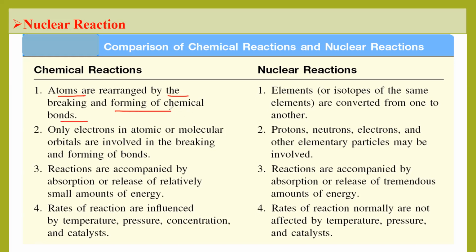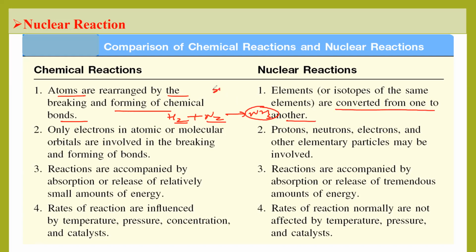We know that in chemical reactions, for example, H2 plus N2 gives NH3. The H2 bond is being broken, the N2 bond is being broken, and new N-H bonds are being formed. But in nuclear reactions, elements are converted from one to another.